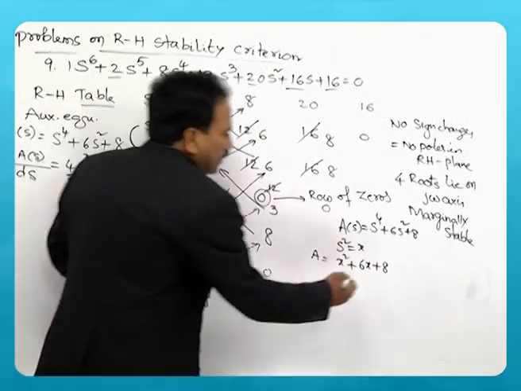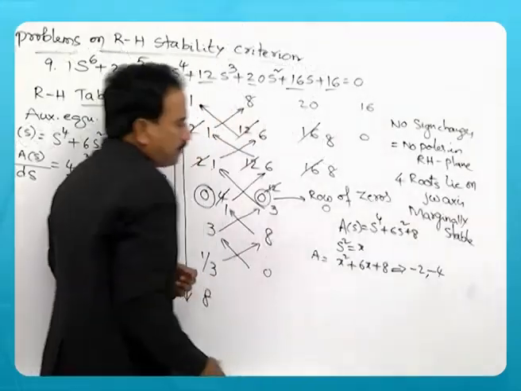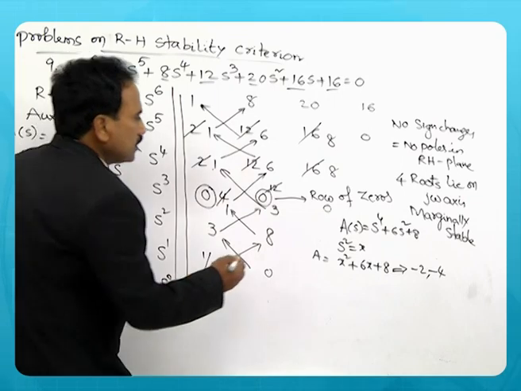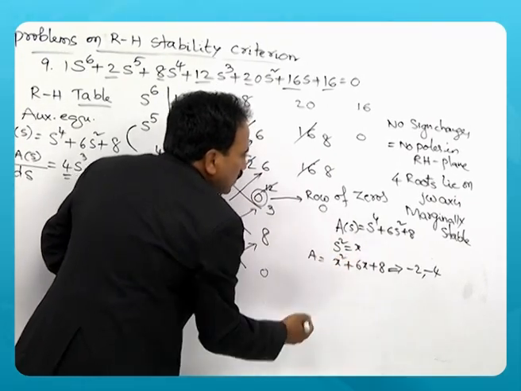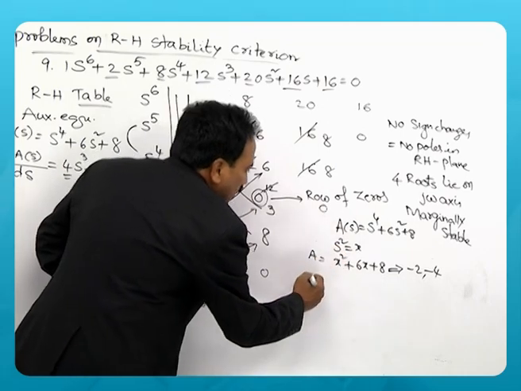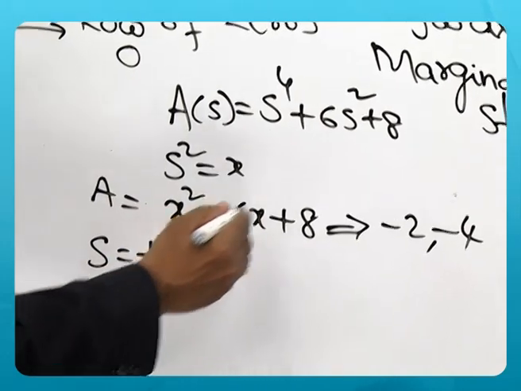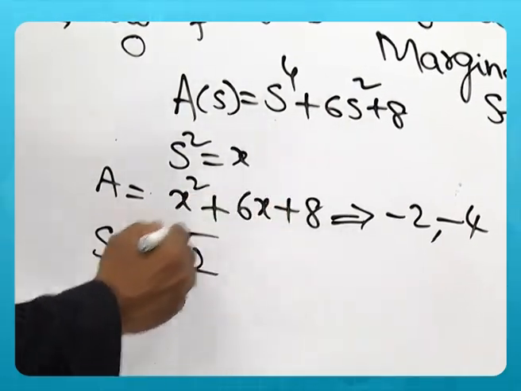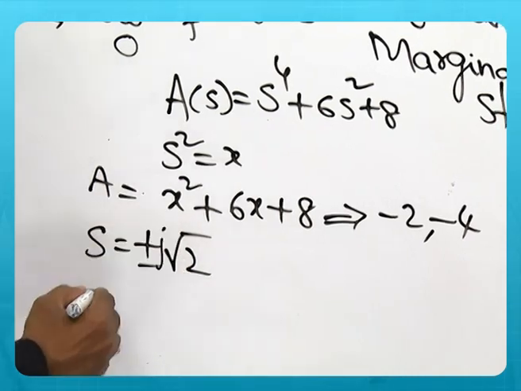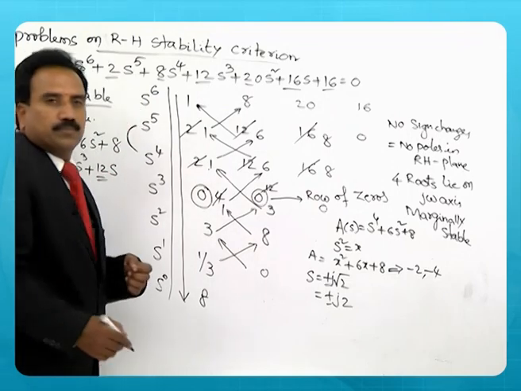So the roots of this equation are minus 2 and minus 4. As you know, x is equal to minus 2, but I want to know s only. So there are 4 roots here: s is equal to plus or minus root 2 j, and the other 2 roots are plus or minus j 2.